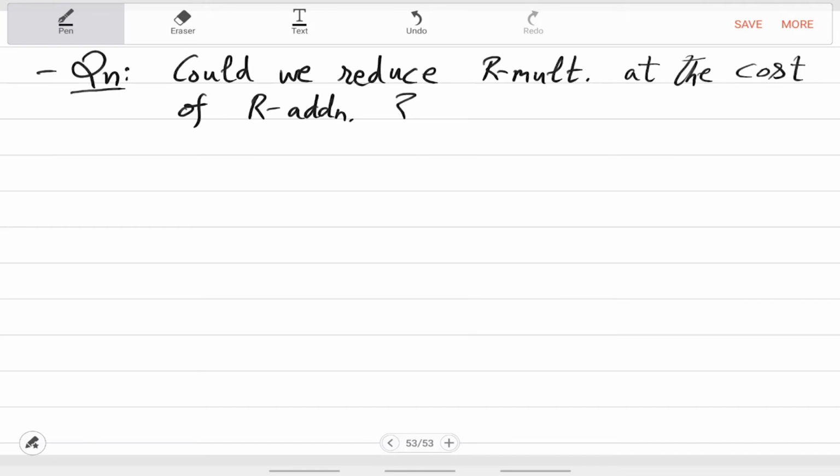And you can actually even assume a fixed n. So you don't even need to do this asymptotically. Say n is equal to 10, instead of 1000 multiplications, make it 999 multiplications. So even just numerically, can you reduce multiplications? This is the first question.